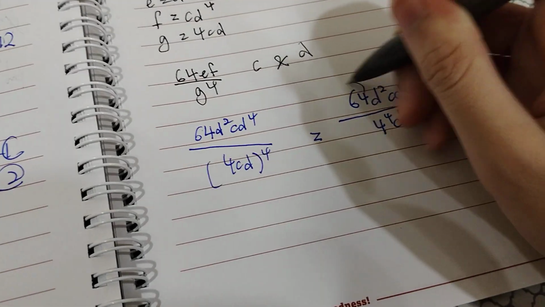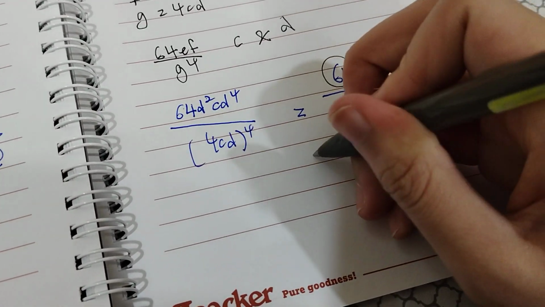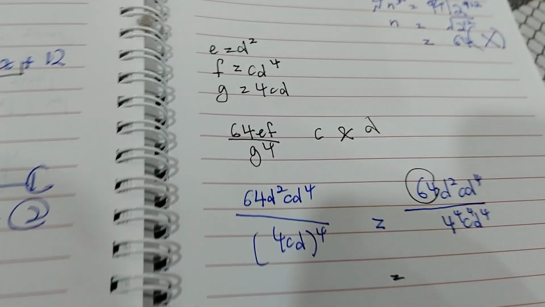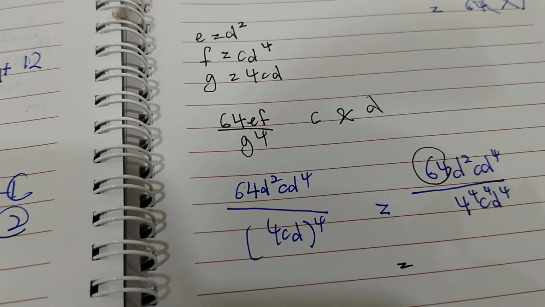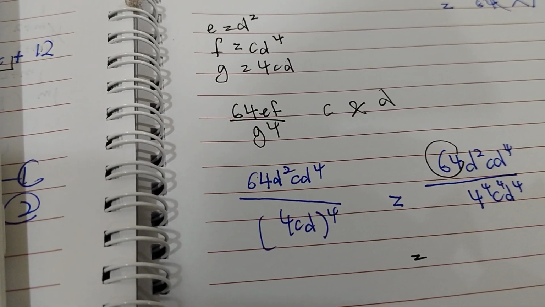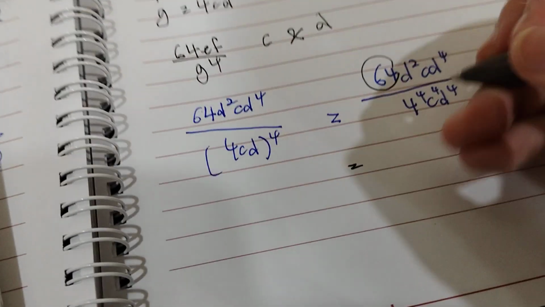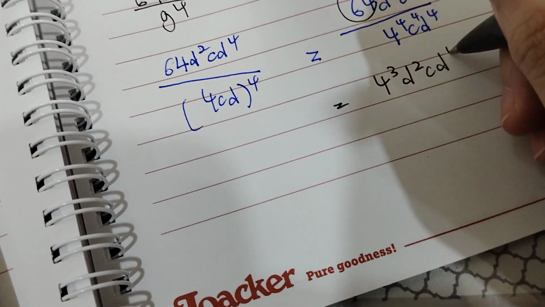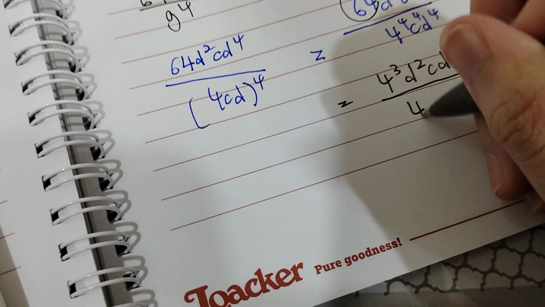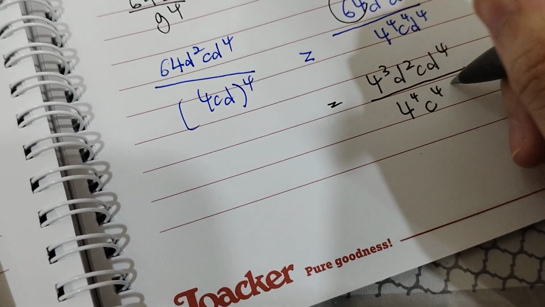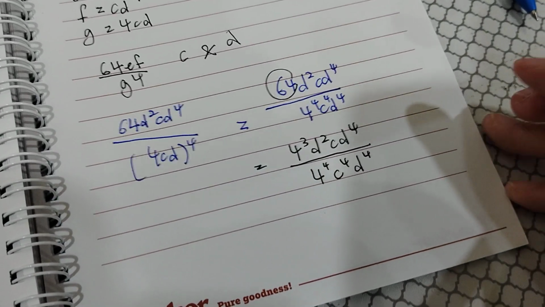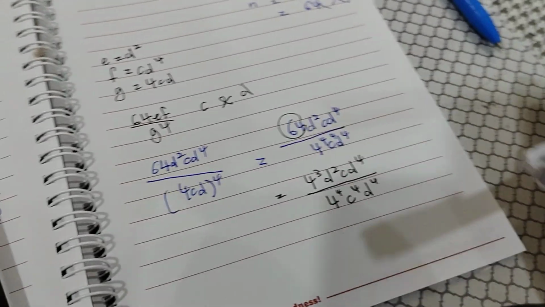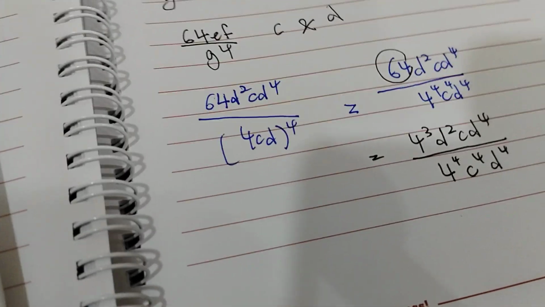So the 4 here, this 64, we can turn it to base 4, which would be, how much would that be? Hold up, I don't know. 4. Okay, 3. 4 power 3 d squared cd 4, c 4 d 4. Okay, then I have to think, what are we supposed to do?